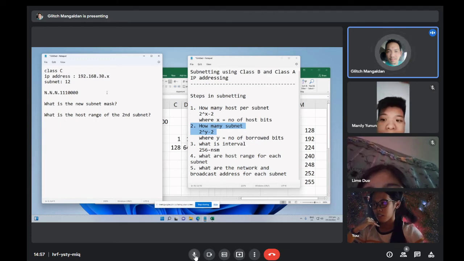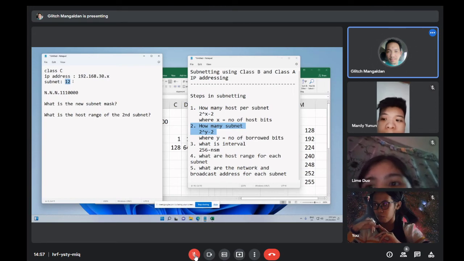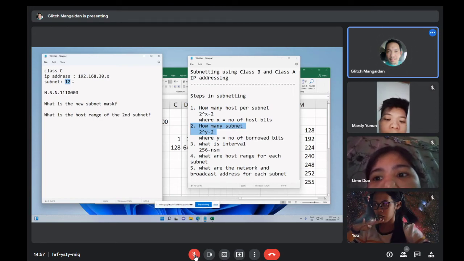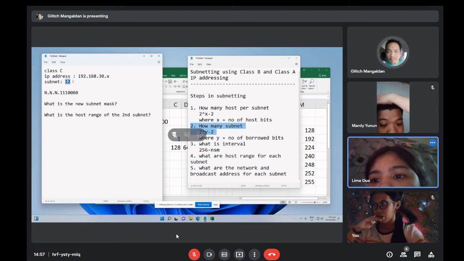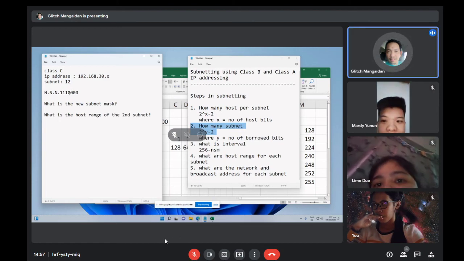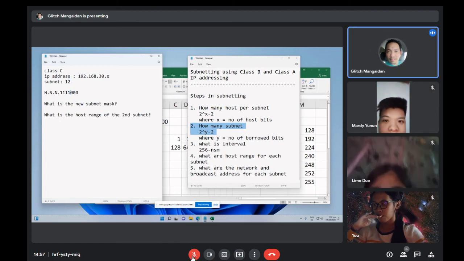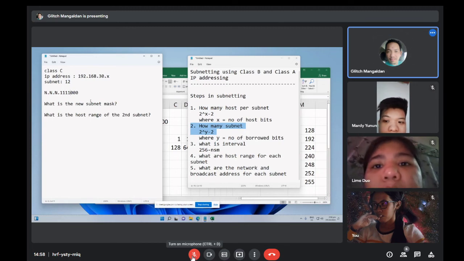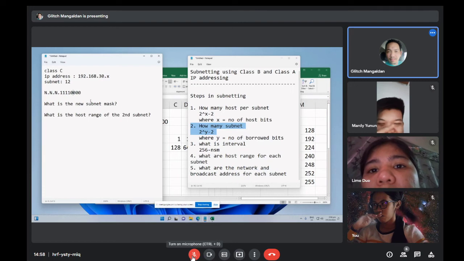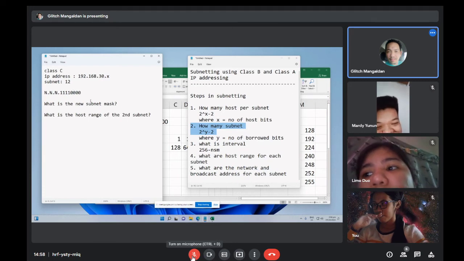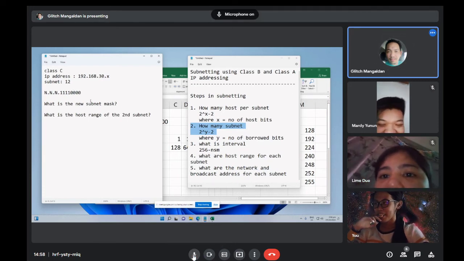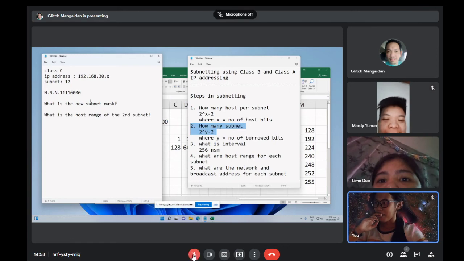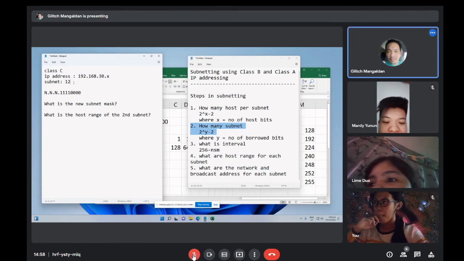So, okay na yon para dito sa 12. Remember, may minus 2 pa yan. So, 16 minus 2 is how many? 14. So, sakto na yung 14. So, babaguhin mo na ngayon to. Gagawin mo na itong 4 na host bits and then 4 na borrowed bits. Naintindihan ba? Kapag subnet ang given.